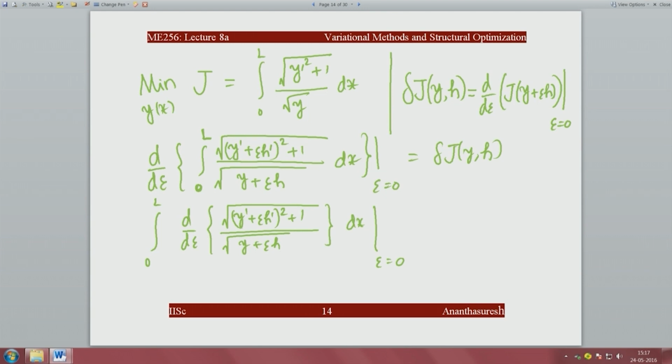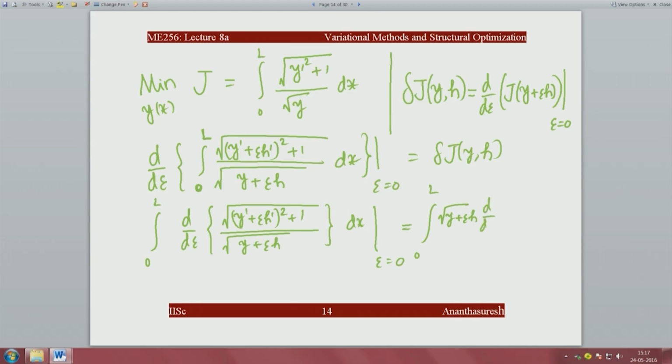So, if I take the derivative of this now, I would be using the quotient rule, over 0 to L. So, I would do square root of y plus epsilon h and take the derivative of the numerator, then that will be d by d epsilon. If I expand all that, I will get something.